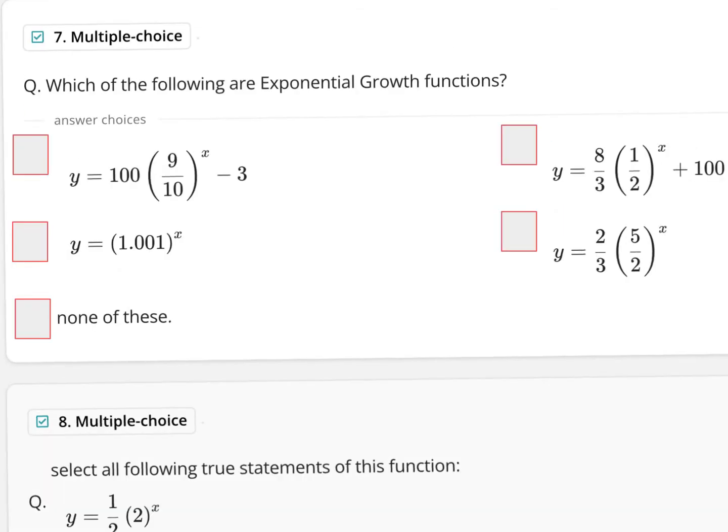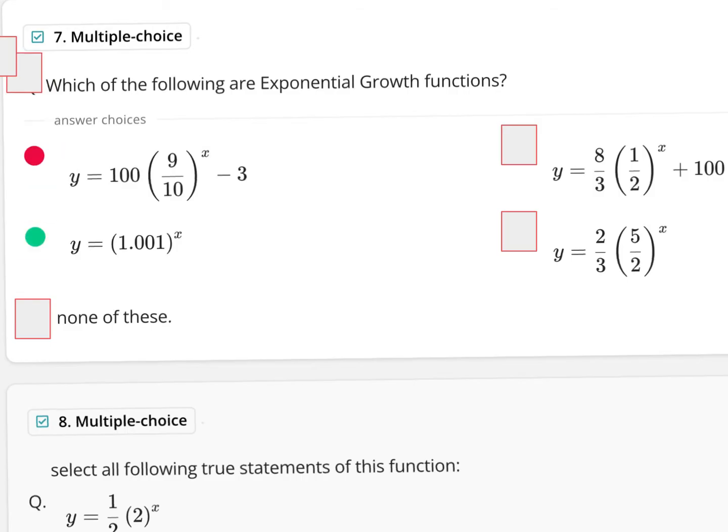Moving on. So on this question, we have to select all the exponential growth functions. And again, if your base is greater than 1, then it's going to cause it to grow. It'll be a growth function. So 9/10, it's not greater than 1. So that's not a growth function. Right here we have 1.001. That's definitely greater than 1, so this will be a growth function.